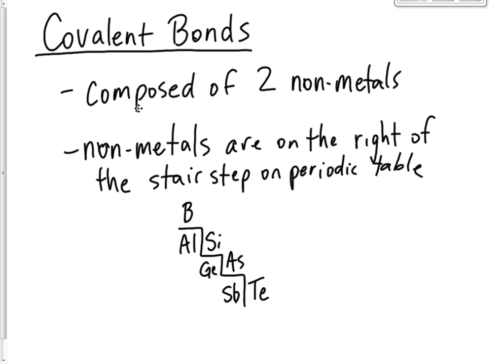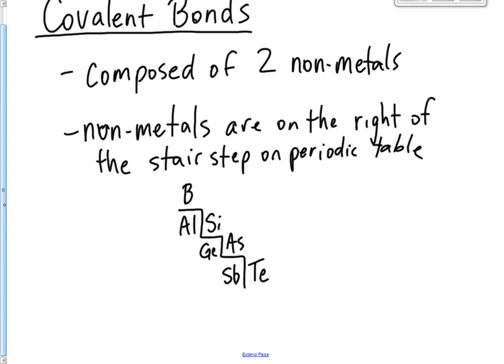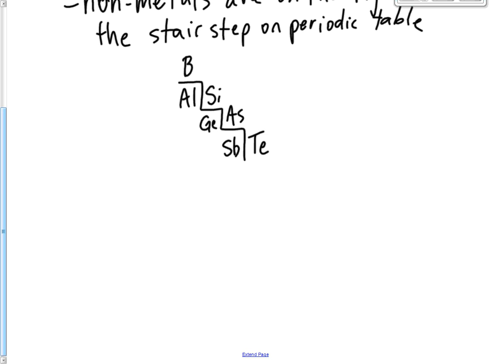So basically anything to the right of the stair step can be viewed as a nonmetal and can be used in covalent bonding. Most of them are metalloids. Especially boron can be used either way, but most of the other ones are purely used in covalent bonds for our purposes.